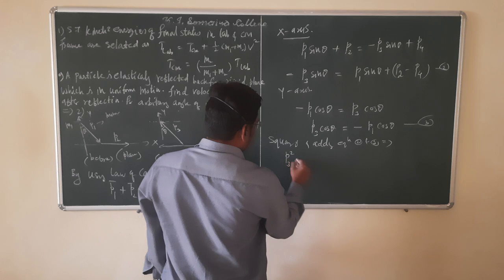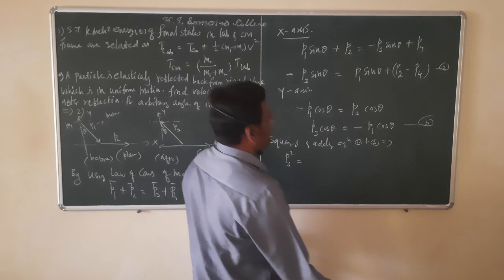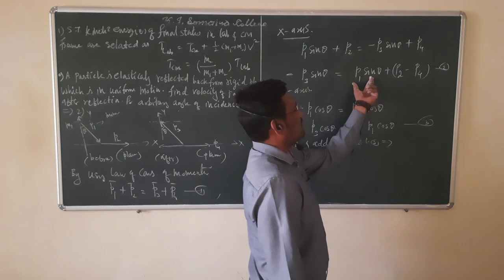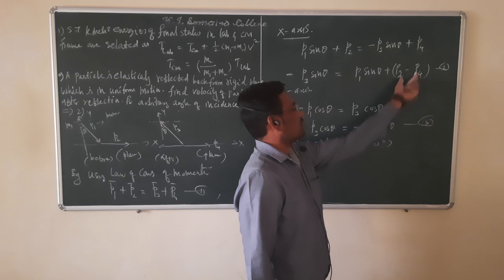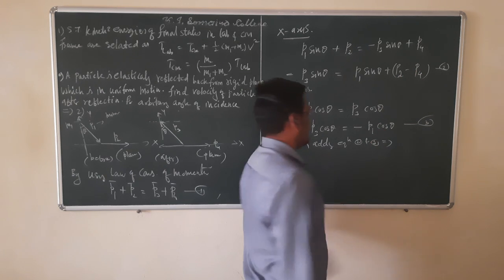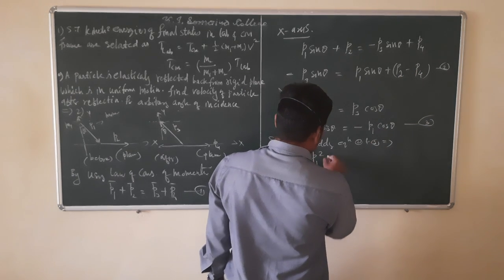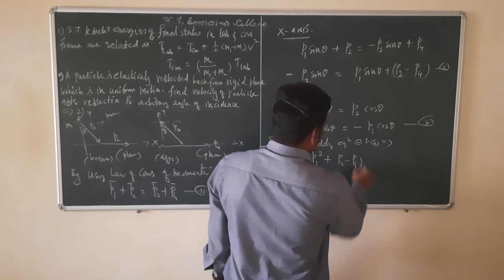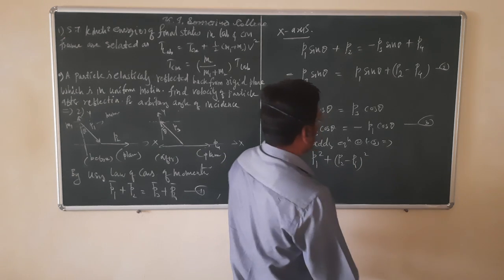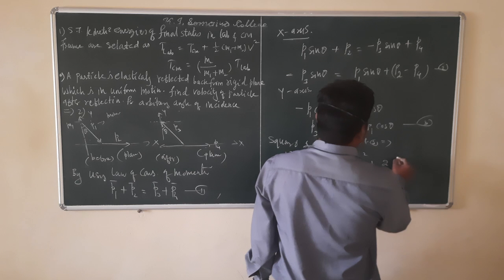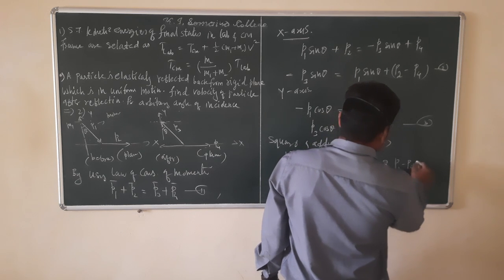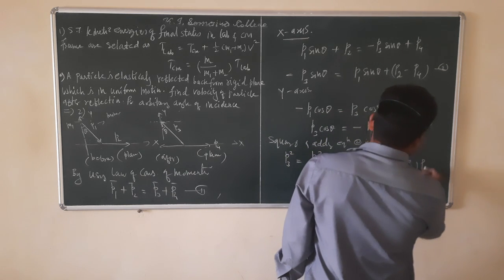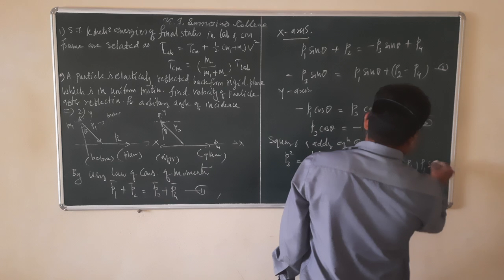So P3 square is equal to, on the right hand side, P1 square sin square theta plus P1 square cos square theta, which is nothing but P1 square plus (P2 minus P4) square, plus 2 times (P2 minus P4) into P1 sin theta.